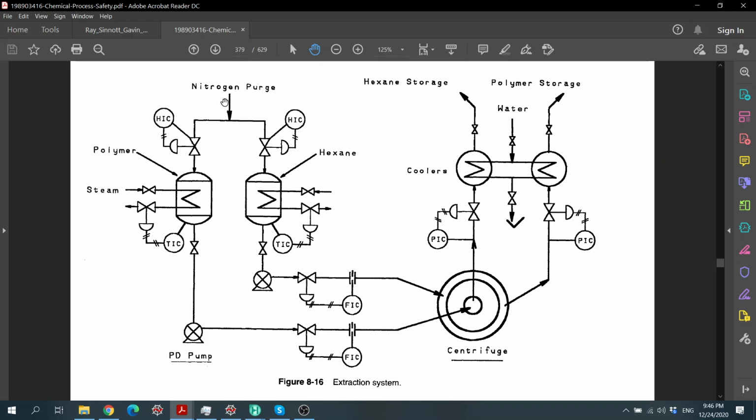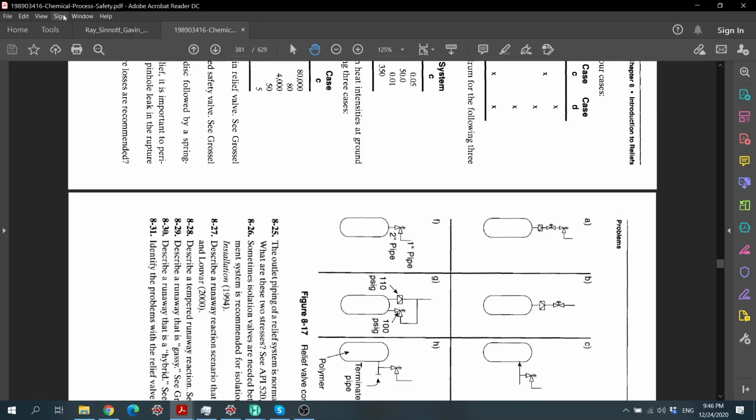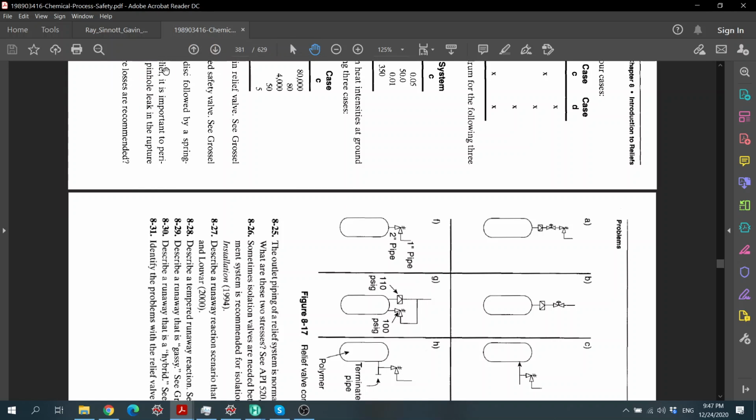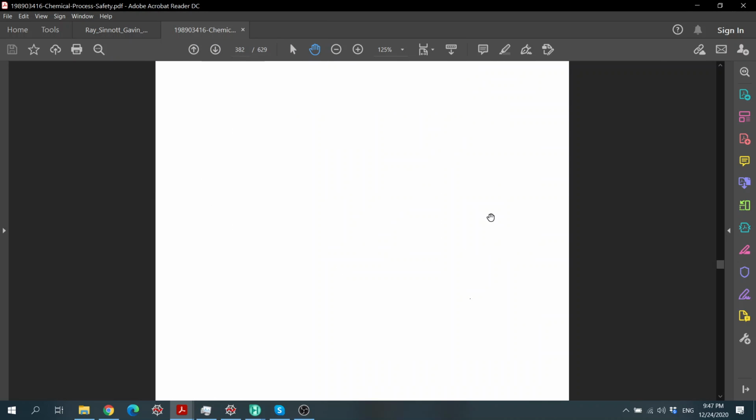So in these three scenarios, we need to be able to calculate the release load. Based on that release load, the set pressure, the release pressure, and the downstream pressure, we can then calculate the size of the PSV.